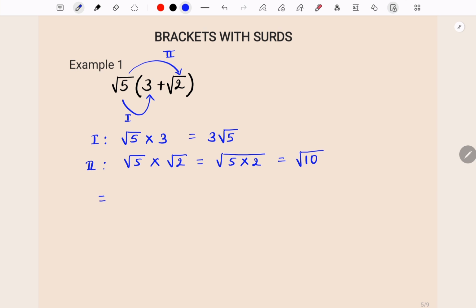First, let me write the result of the first multiplication, that is 3 root 5, and then I will write the result of the second multiplication, that is root 10. So it would be plus root 10. So 3 root 5 plus root 10 would be the final answer.